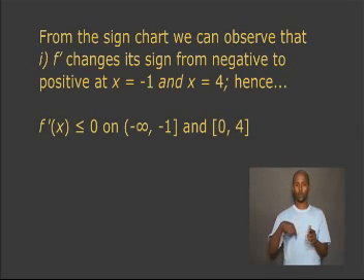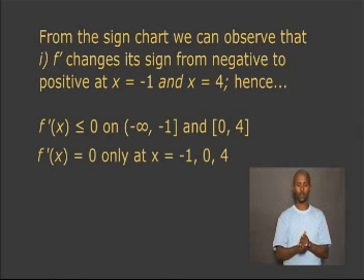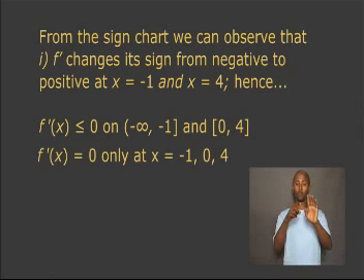We can draw certain conclusions from these observations. We may safely say that f is strictly decreasing on the half-closed interval (-infinity, -1] and the closed interval [0, 4]. As a result, f prime changes sign from negative to positive at -1 and 4.